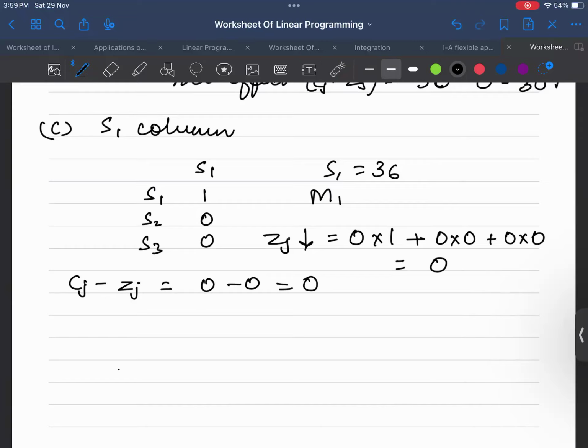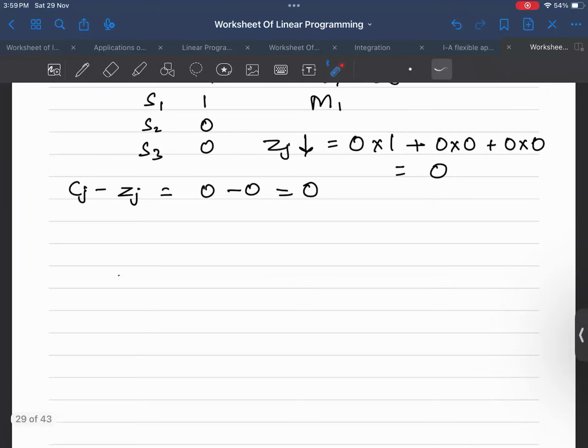So the net effect will also be 0, because we know that 1 unit of S1 is contributing rupees 0 to the objective function. So that's why it would be 0. Clear?